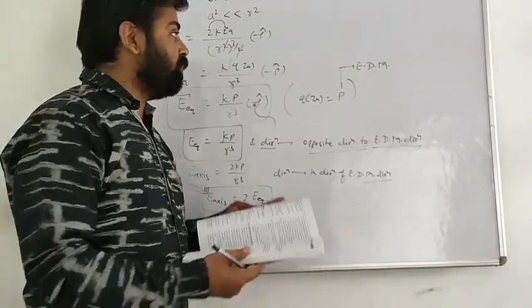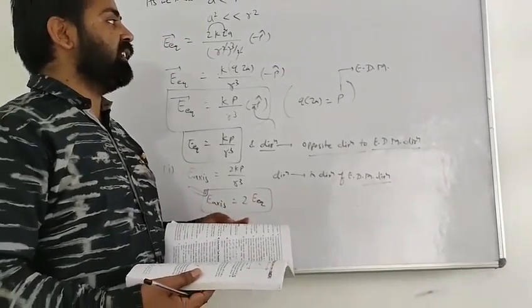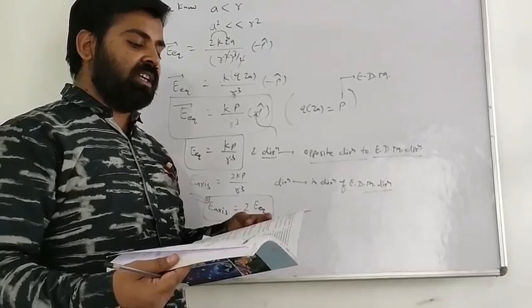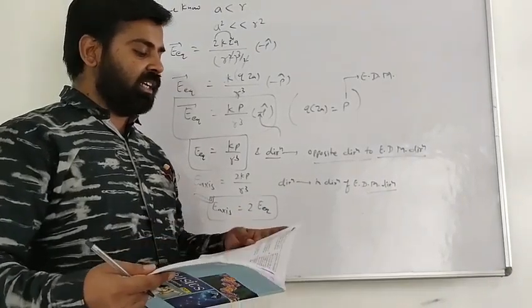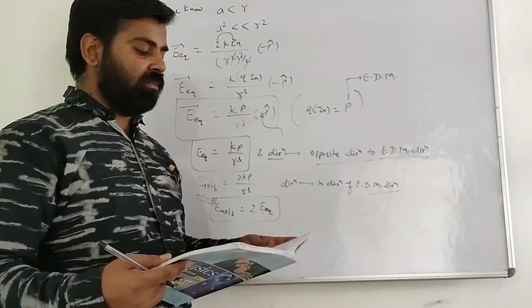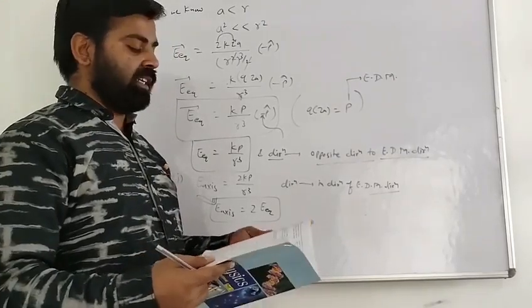For both derivations, electric field intensity at axis point or equatorial point, you can solve a numerical question in your numerical part, question number 13. The 13th question is based on both the axial line and the equatorial line.